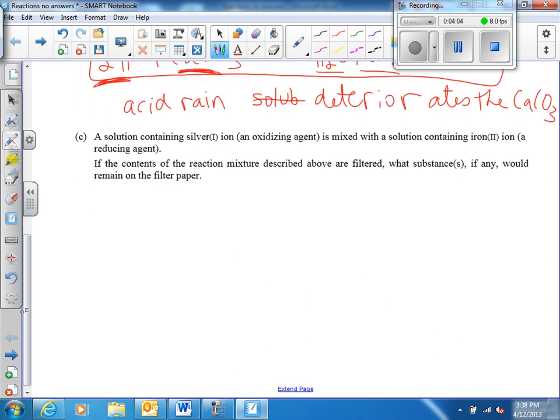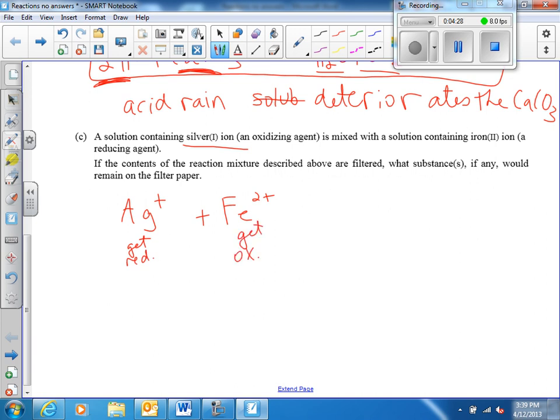Okay. Now this time we're told we just have silver ion. In another solution, we've got iron 2 ions, and they don't tell us anything else. We know that this is going to get reduced because it's an oxidizing agent, and this is going to get oxidized.